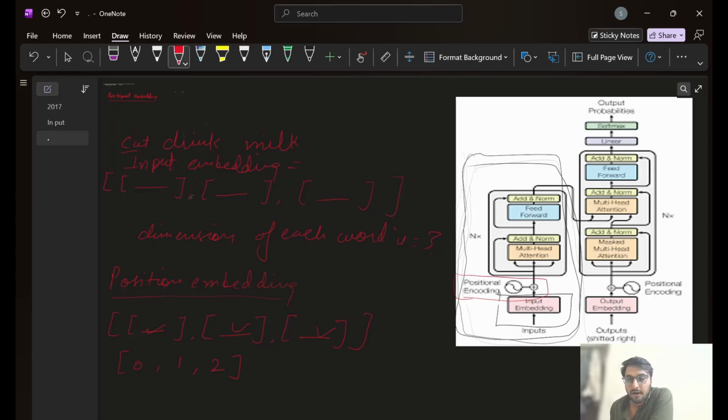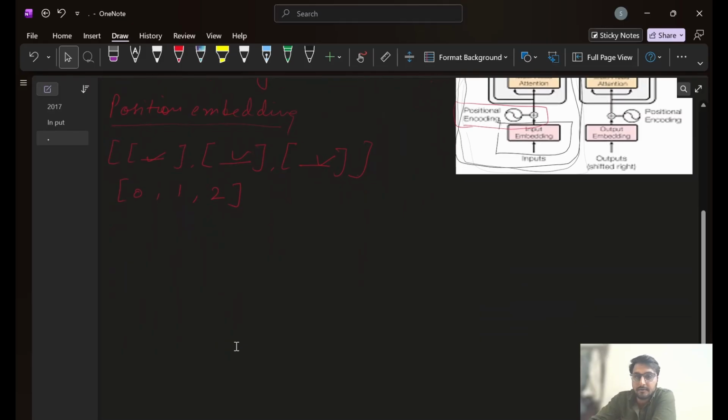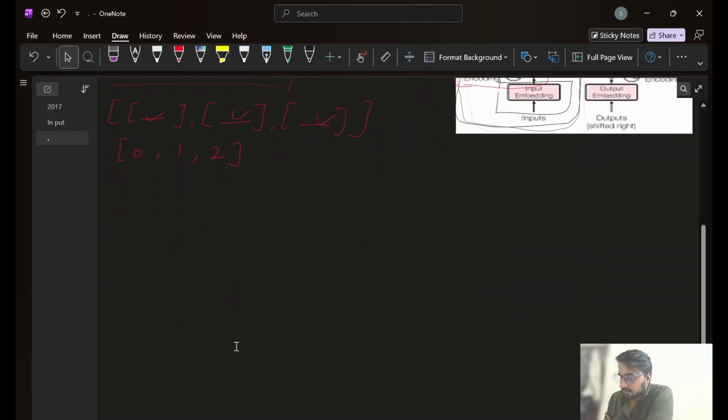In the 2017 research paper, there is a formula to get these 3 vectors. As we know, there might be an even index or an odd index.